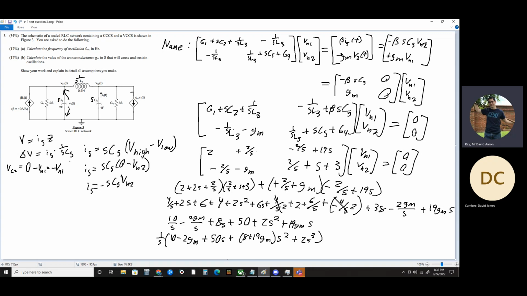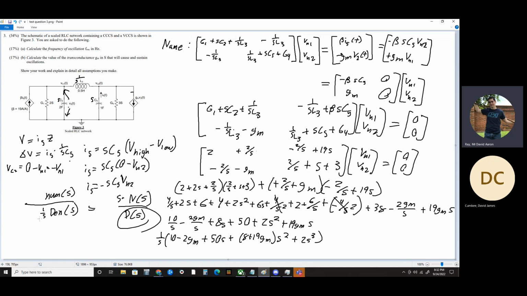But the reason why this works is that if you have some kind of transfer function where you got a numerator of s and a denominator of s, and you pull out a 1 over s, then really that's just s times n of s over d of s, and now it's not really part of the denominator.